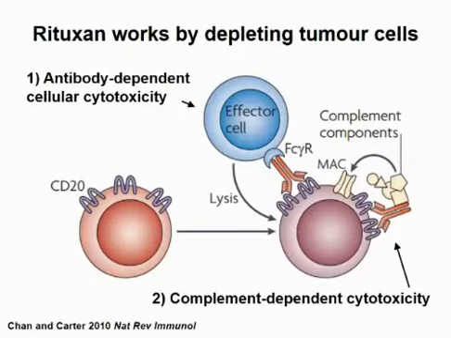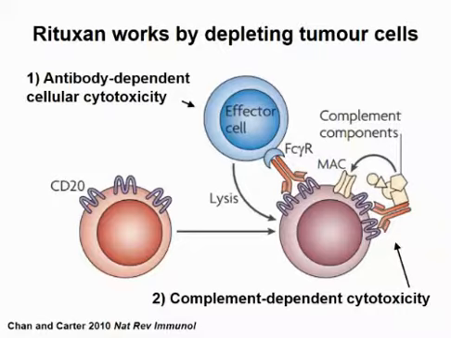And so this is the way this antibody works, by antibody-dependent cellular cytotoxicity. This is our CD20 molecule on the surface of our lymphoma. When the antibody binds to the CD20, I've already said CD20 tends to not get internalized and it stays on the surface for quite a long time, flagging up to the immune system that there's an antibody bound.